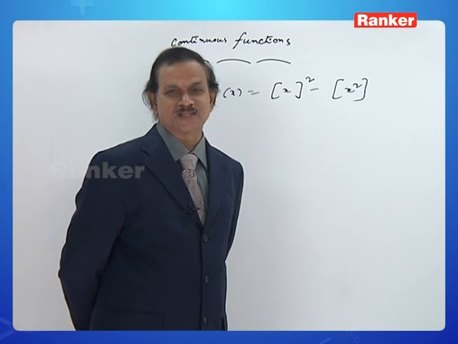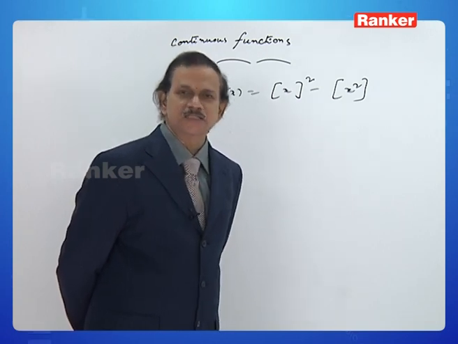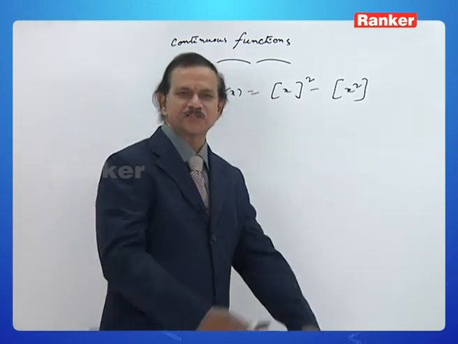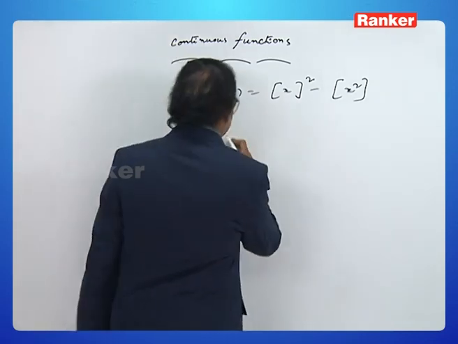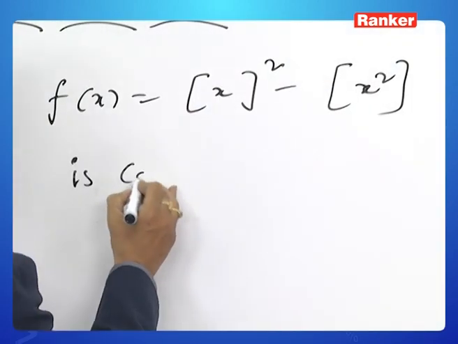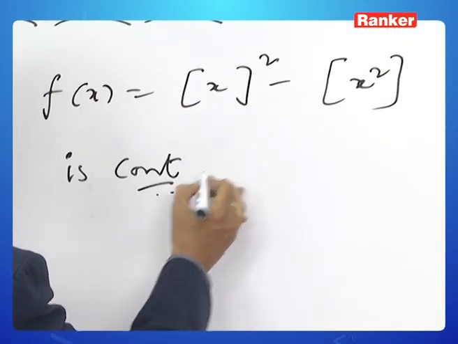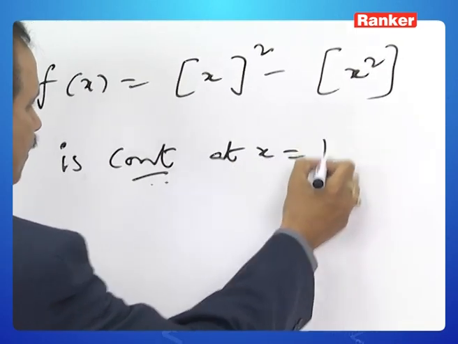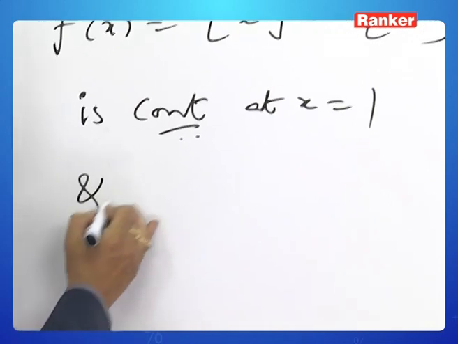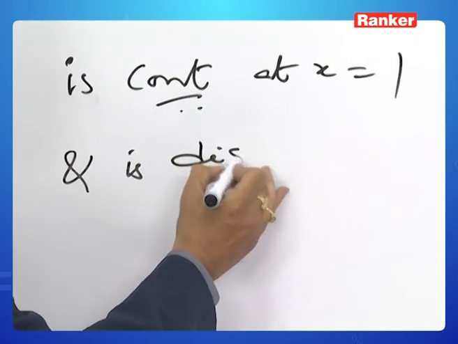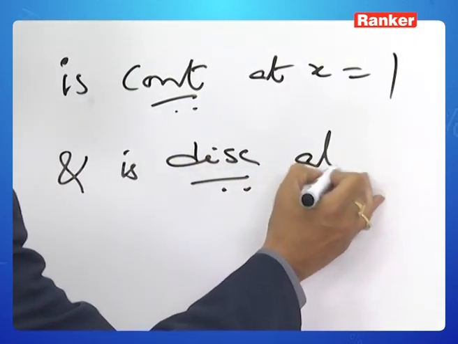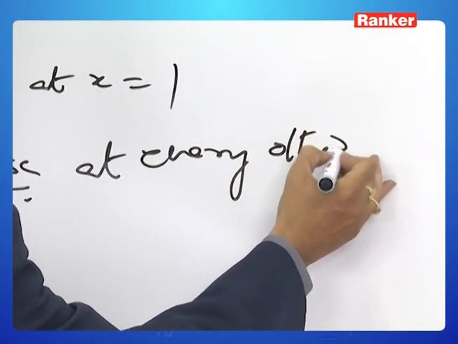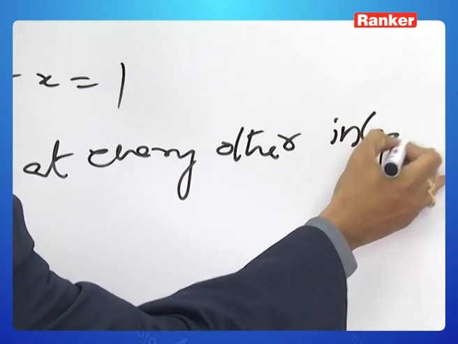This is the peculiarity, rather the particularity, the speciality of this function. f is continuous at x is equal to 1 and is discontinuous at every other integer.